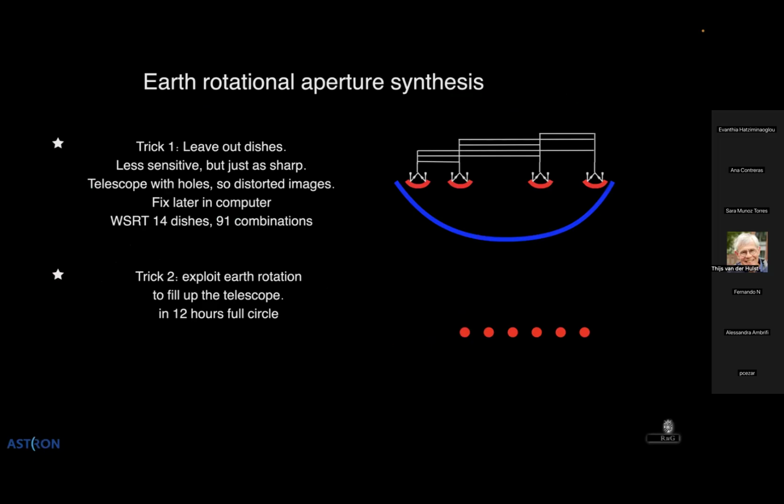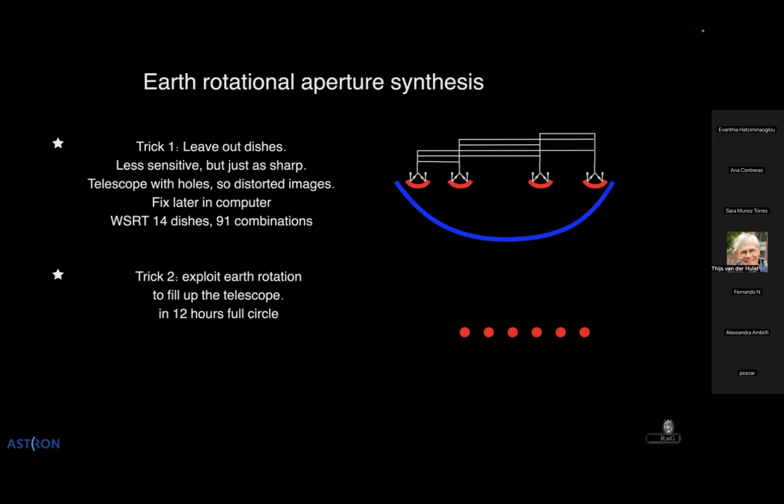So there are two basic things that you do, and the concept is called Earth rotation aperture synthesis. Aperture synthesis means that through the combination of dishes, we synthesize an optical aperture. And the other thing is we exploit the rotation of the Earth to fill the aperture, basically. So the first thing is, instead of covering the full 40 kilometers, we leave out dishes, because simply we cannot afford it.